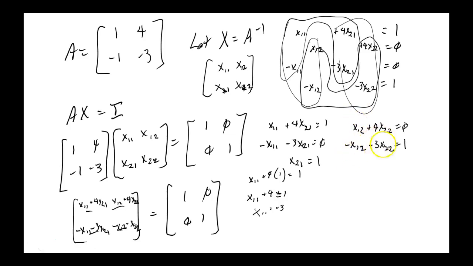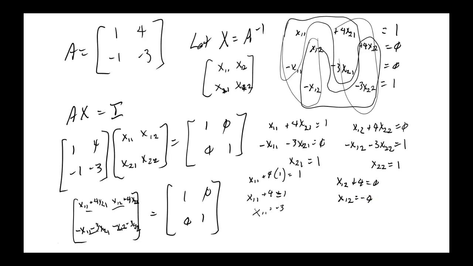Add those two together and you get x sub 2, 2 is equal to 1 again, which is what they got. And then plugging that back in, x of 1, 2 plus 4 is equal to 0, so x sub 1, 2 is equal to minus 4. Okay?